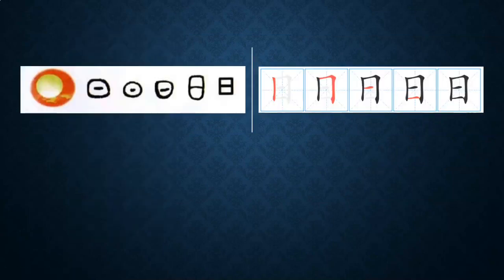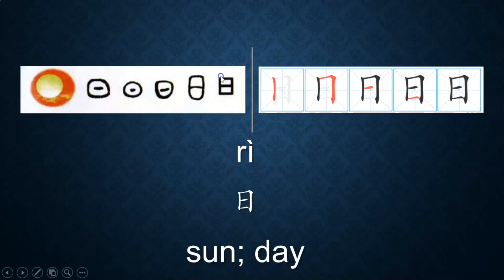Now we are going to have a look at the character 日. It is also a pictograph, which means the character itself looks like the shape of the object. Okay? So here we go. 日. This character here is the modern version of the 日 character. But if we go back in time, remember we've learned this character in year 4 when we were talking about the pictographs and the histories of characters.